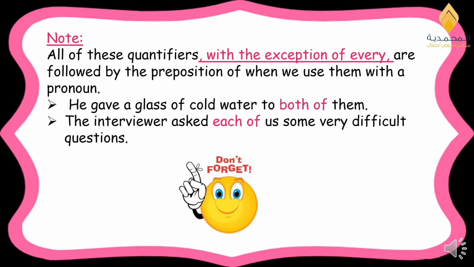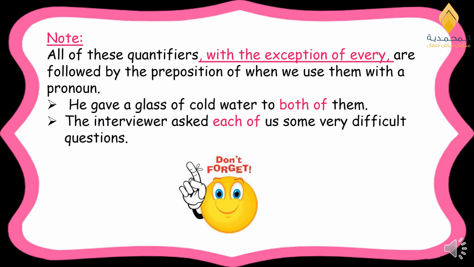Okay, over here there is an important note you have to know. All of these quantifiers, with the exception of every, are followed by the preposition of when we use them with a pronoun. So look at the example.